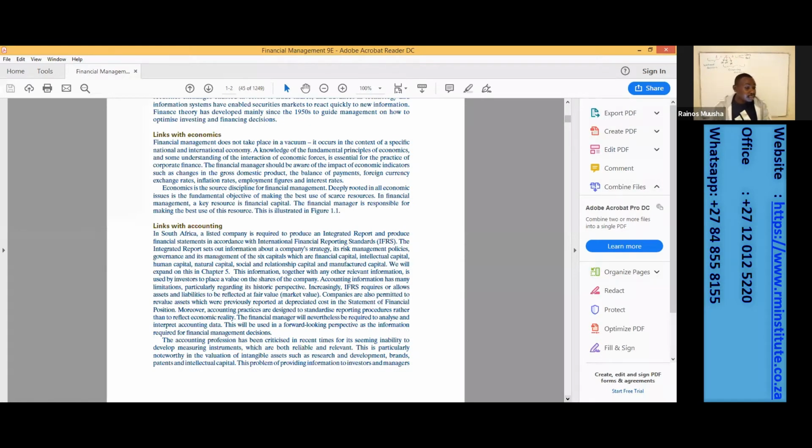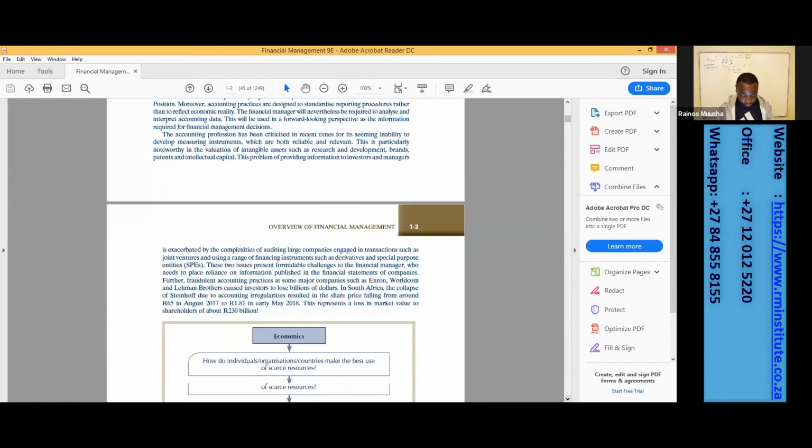It's more about using the financial statements to make investment and financing decisions. So this is where financial management comes in: it's mostly linked with accounting, where you're using the available financial statements to make investment and financing decisions.